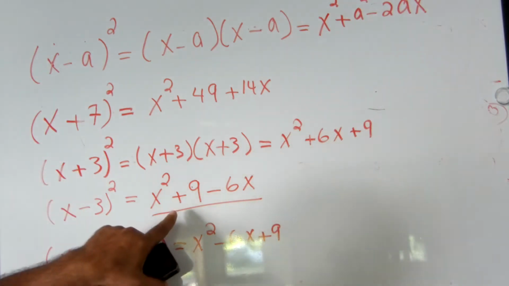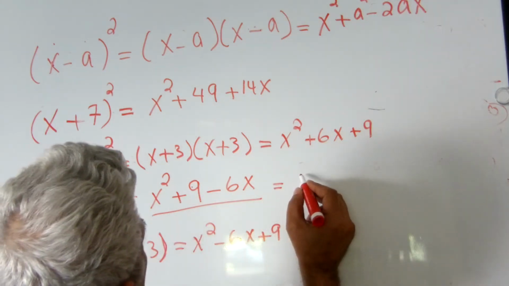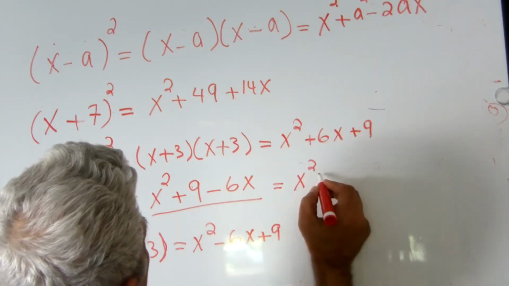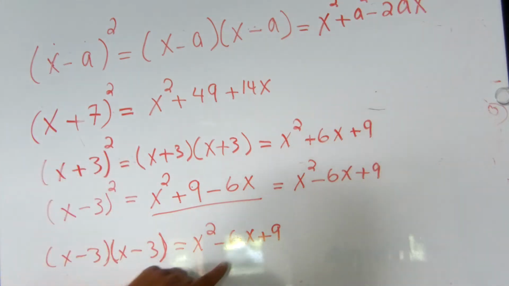See, actually we got the same: x squared minus 6x plus 9. If we multiply this, we got this.